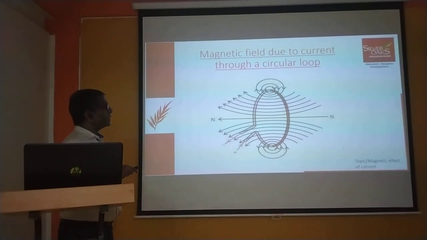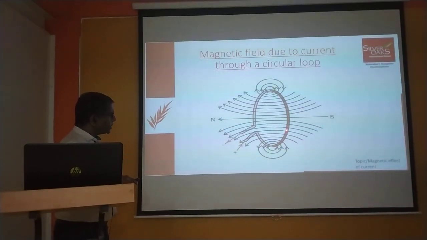You also know that as we move away from the wire, the magnetic field strength reduces. So if you see this, as you move away from this segment, the radius of the circle, the arc of this, is increasing. You see this? This will increase like this. So that means if you come at the center of this circular wire, the magnetic field lines are straight. You see, it will be straight.